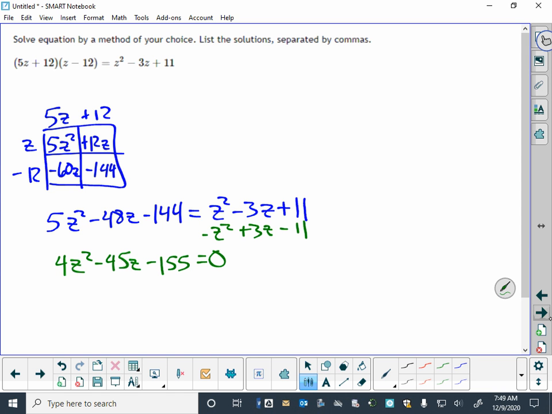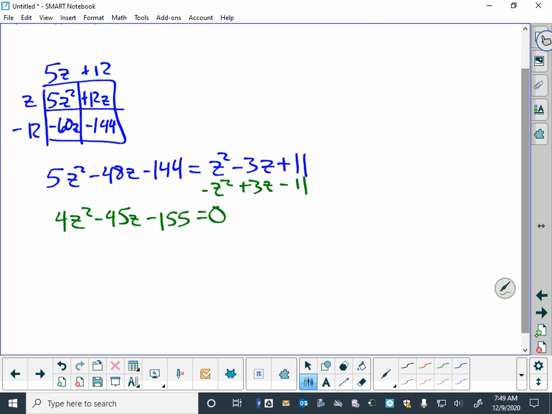No common factors that I can pull out of there, so I'm trying to find the x-intercepts, or the zeros, the roots of that one particular quadratic here.